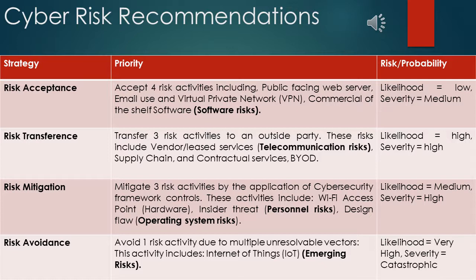The team recommends transferring 3 risk activities to an outside party. These risks include vendor leased services, supply chain, and contractual services, including BYOD. This decision is made because the attack likelihood for such risks is high and the severity is high. Risks like this are not appropriate for the organization's risk tolerance.